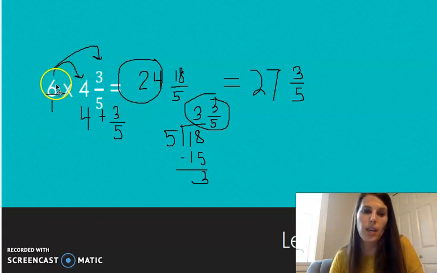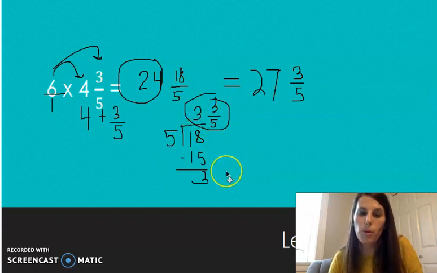Then you are thinking about the fraction, and 6 can be written as 6 over 1. So 6 times 3 gives you 18, and then 1 times 5 gives you 5. When you decompose, or if you take the 18/5 and make it into a mixed number, you'll get 3 and 3/5. So when you add the 24 and you add the 3 and 3/5 together, you get 27 and 3/5.